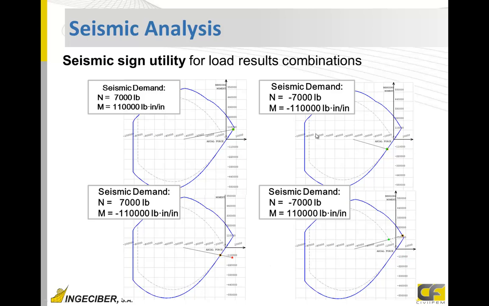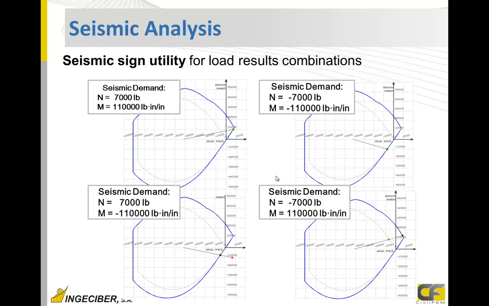This is one tool for seismic analysis, splitting the seismic result you read from ANSYS or from other software. You read them in absolute value. CivilFEM splits it into four results, combining positive, negative, and positive and negative.